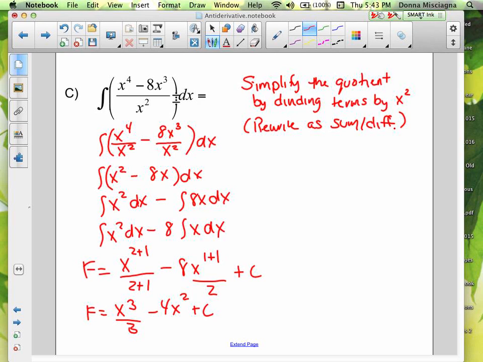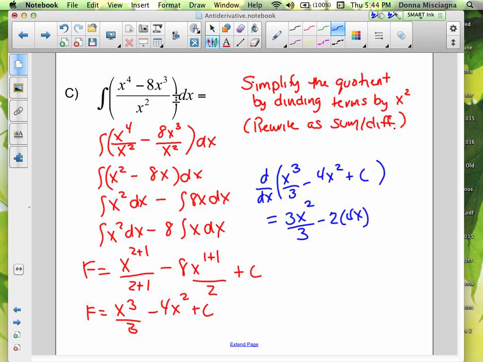Let's double check that. This is one that's worthy of double checking. We'll take the derivative of x cubed divided by 3 minus 4x squared plus our constant. The derivative of x cubed over 3, the 3 will move in front, would be 3x squared divided by 3, minus 2 times 4x to the first power.